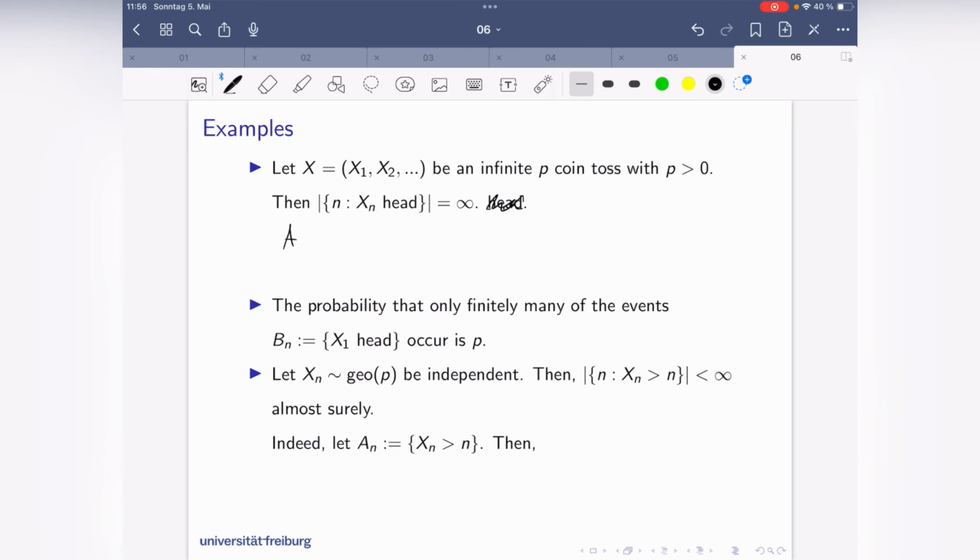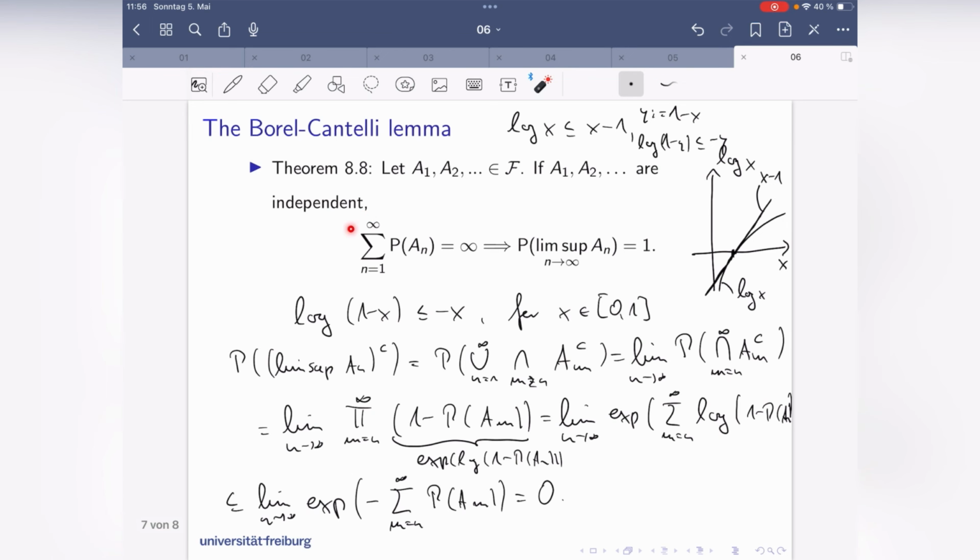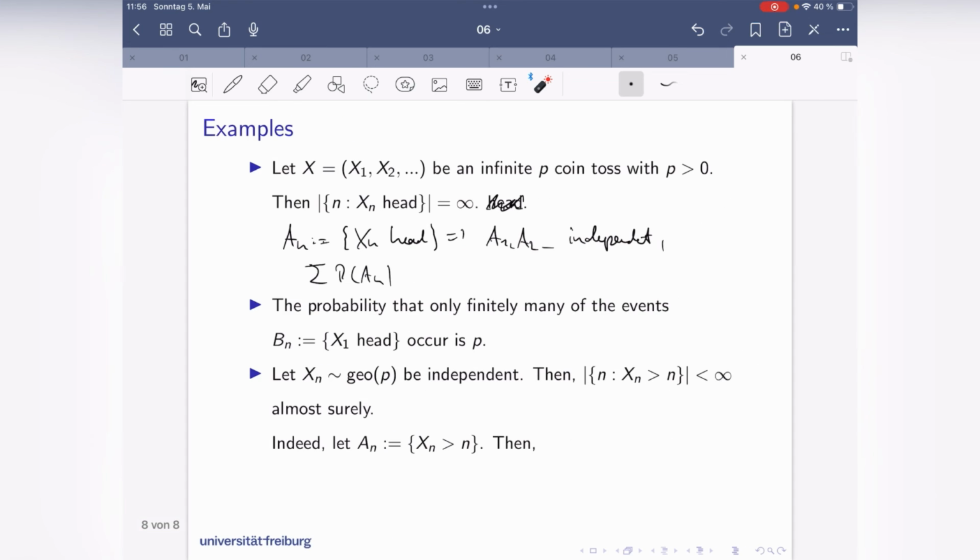Let A_n be the set where X_n is heads. Then I have A_1, A_2, and so on, which are independent. And the sum over p of A_n, which is what we have to compute here in order to apply the Borel-Cantelli lemma, n from 1 to infinity, is the sum over p's, which is infinity.